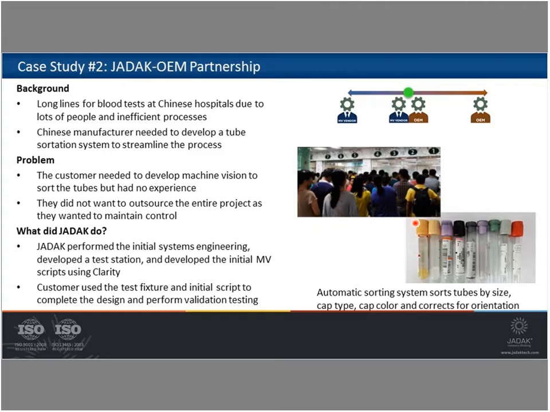So they gathered thousands of images to test all the different variabilities that they might see, as I talked about before, finished up the project, and did the rest on their own. So it helped them get started with the system engineering, but then it gave them the ownership of the final project.